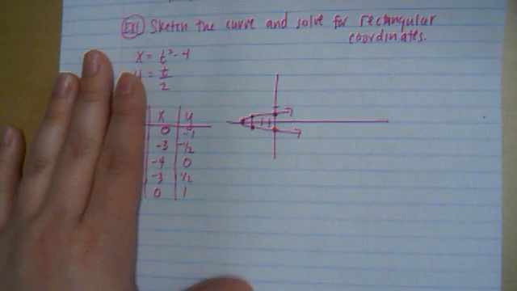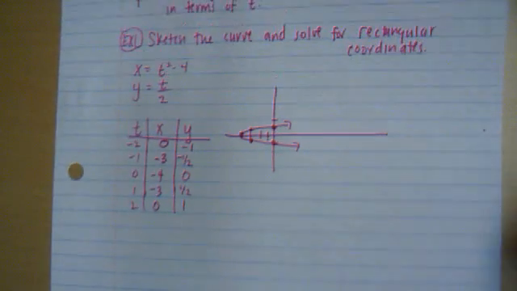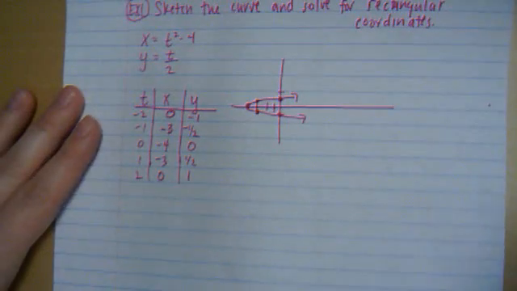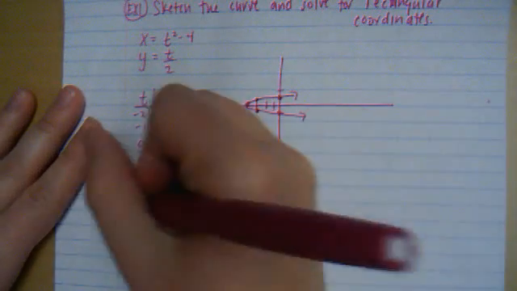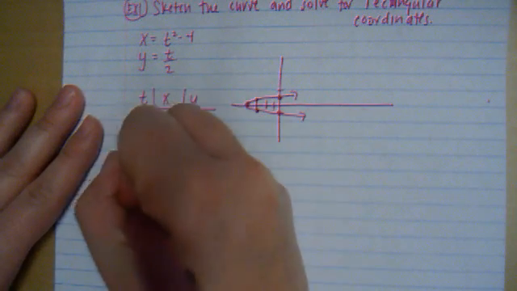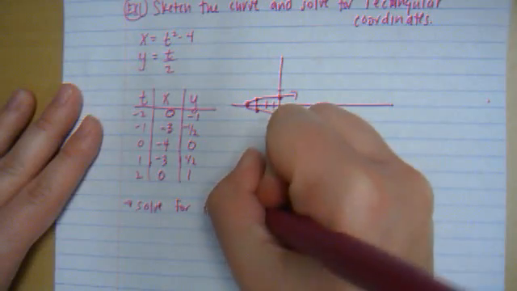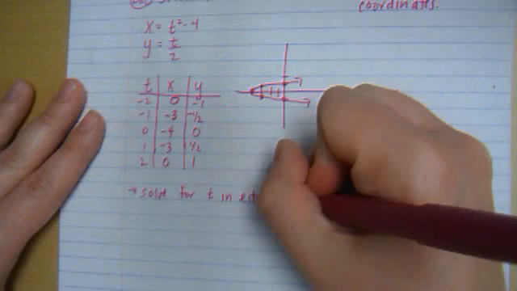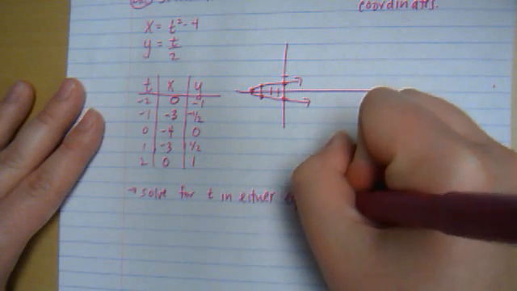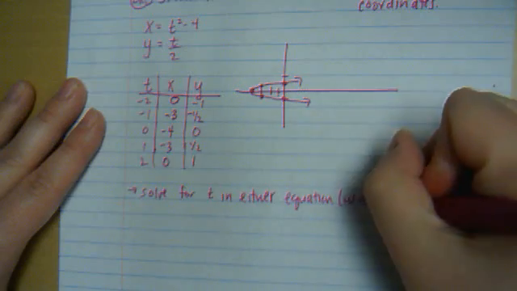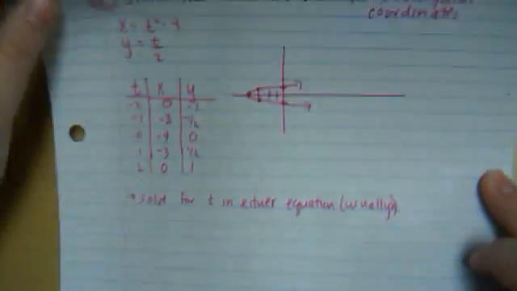Okay, now to get the equation of this, just in our normal y equals with x, without our t, we just get rid of t in our equations. I'm going to solve for t in either equation and then substitute it in. Okay, usually you're going to use your x just because it's easier to do.